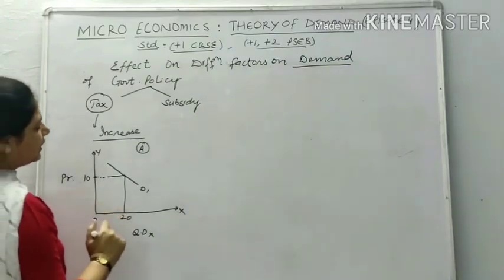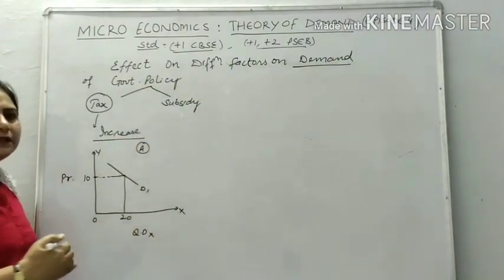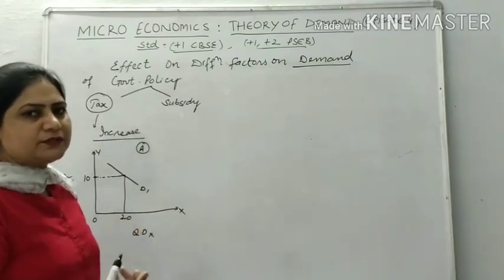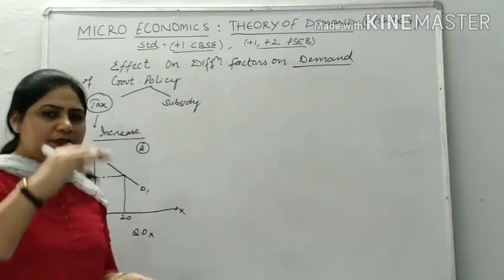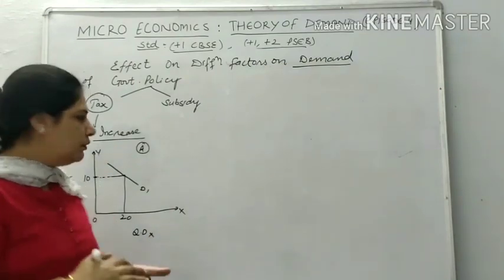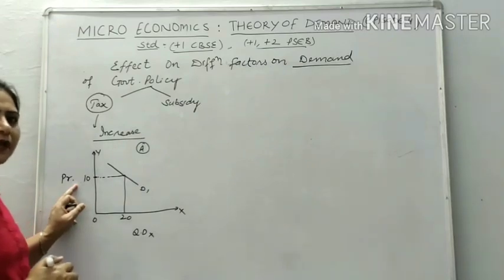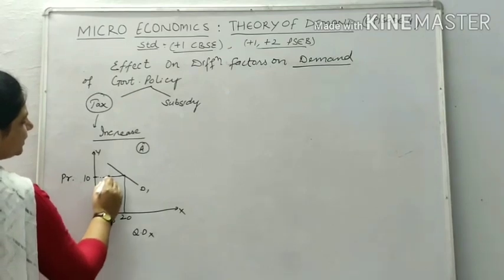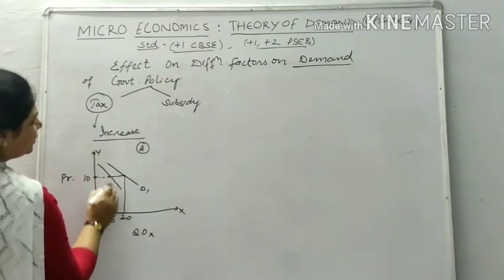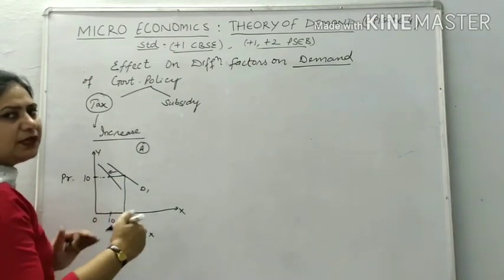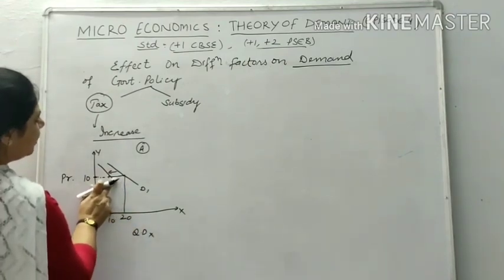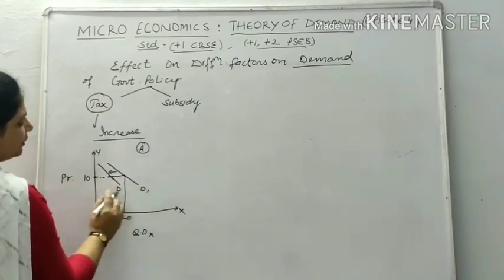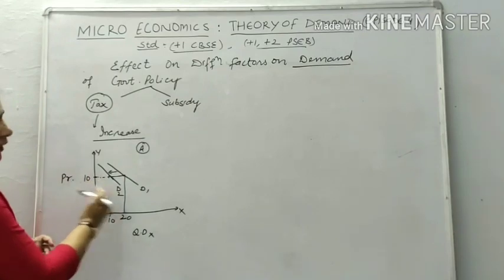Suppose there is an increase in tax. Increase in tax means more income to pay in the form of tax, which decreases his purchasing power. So at the same price, the consumer can purchase a lesser quantity because he has lesser disposable income, meaning income that can be spent on goods and services, that is called disposable income, students. And now demand curve D1 shifts backward to D2.